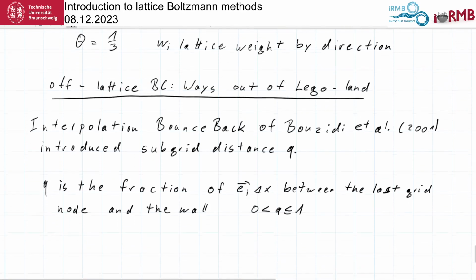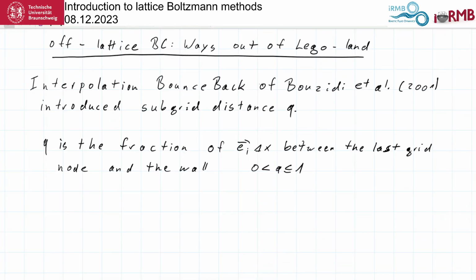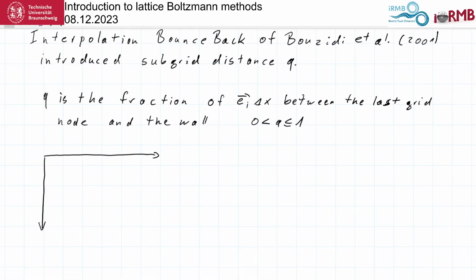Okay. So what Bouzidi did is he looked at two different cases, and for this, we again draw our characteristic diagram. By the way, 20 years ago, the characteristic diagram for the Lattice-Boltzmann method was not yet invented. So the pictures from Bouzidi look pretty different from what I'm drawing here, but we'll stick to our modern view.